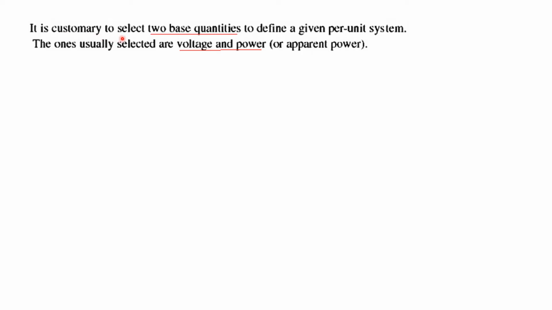It is customary to select two base quantities to define a given per unit system. So at least two. The ones usually selected are voltage and power, or the apparent power. So they are selected as the base quantities.